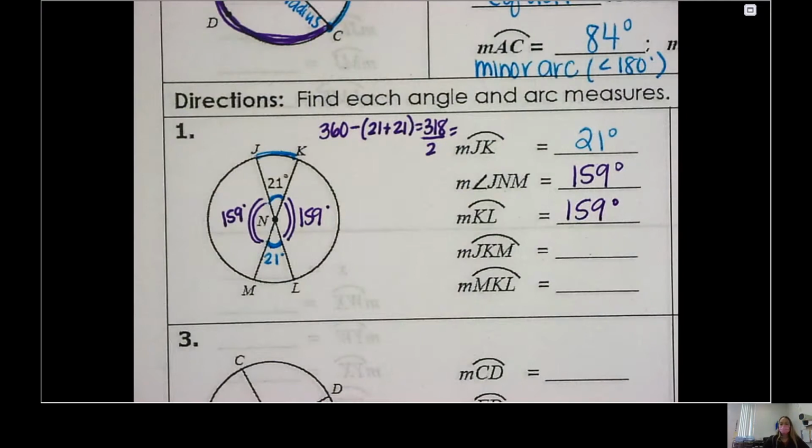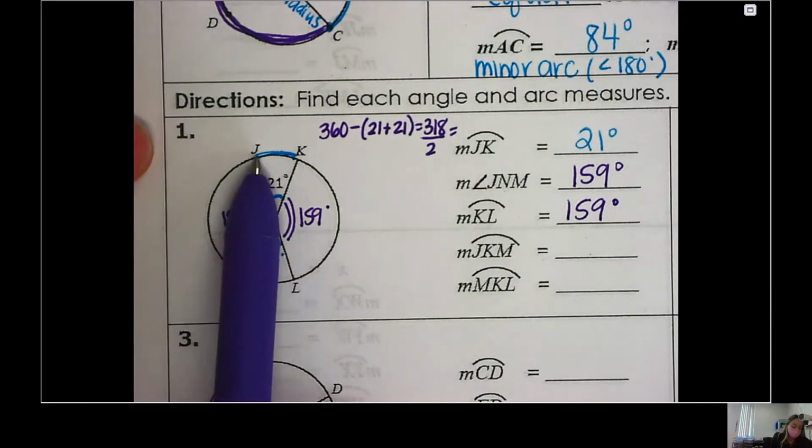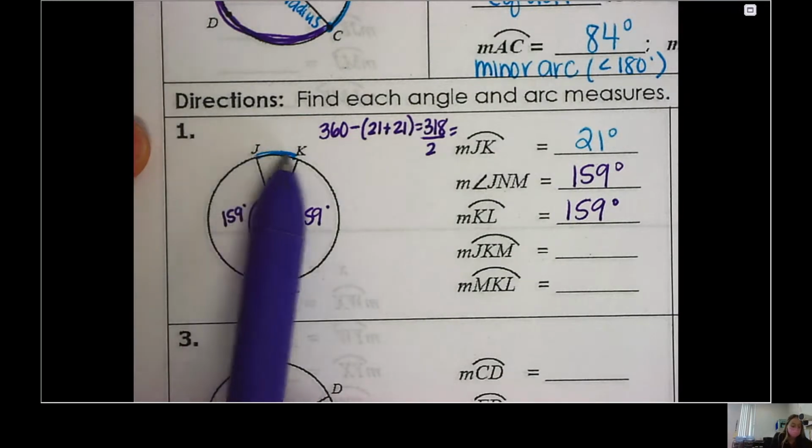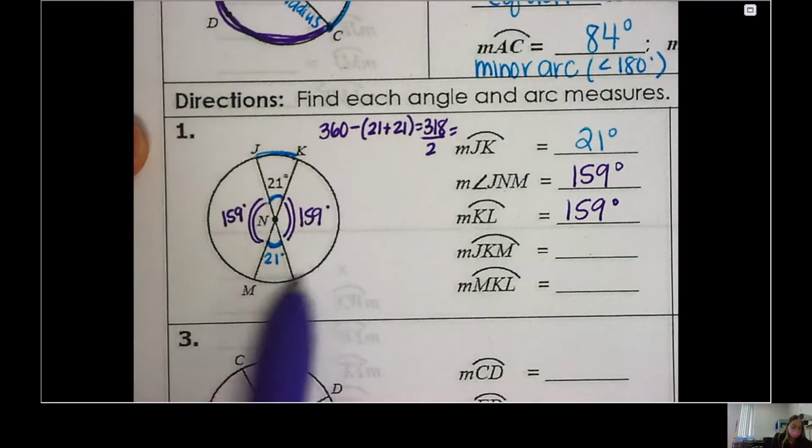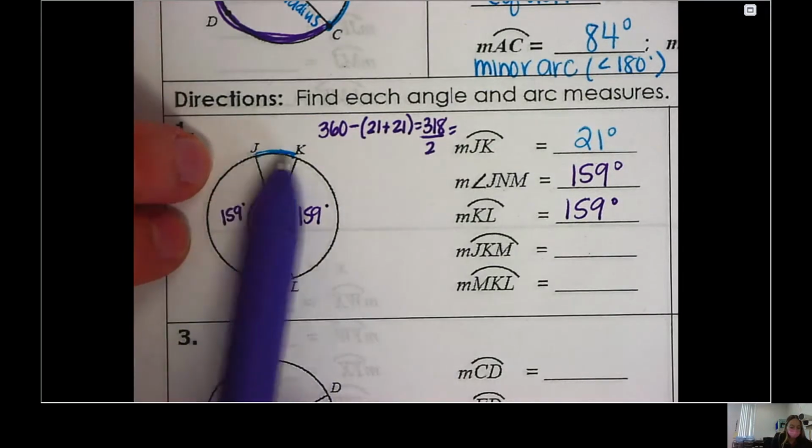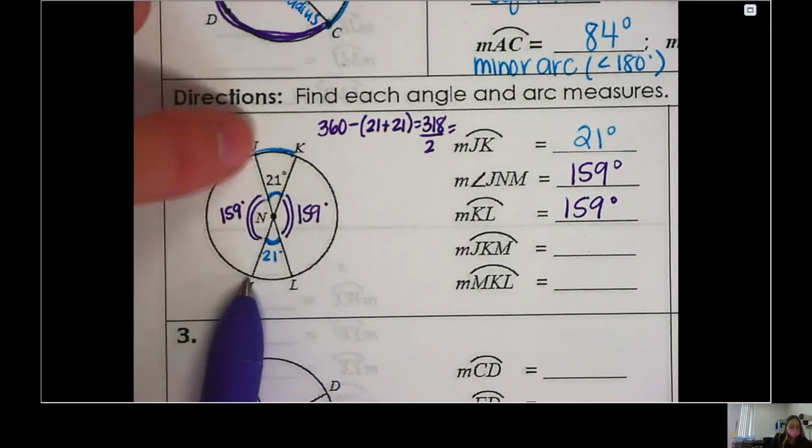Okay. The measure of arc JKM. Before you even look, what do you know about that arc? If it's 3 letters, that means it's a major arc, so it has to be a number bigger than 180. It's got to be a big number. JKM means you start at J, you go through K, and you end at M. So you have to go all the way around to here.